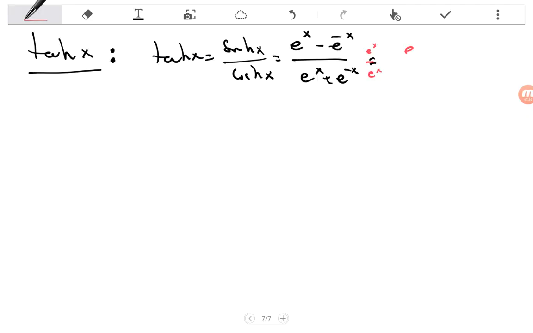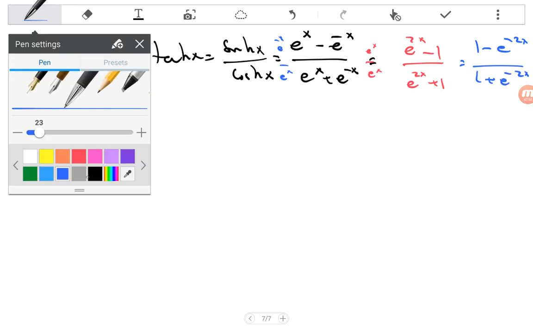I may write it as e power 2x minus 1 over e power 2x plus 1. But if I multiply the numerator and denominator by e power negative x, I will get another equivalent formula, which is 1 minus e power minus 2x over 1 plus e power minus 2x.